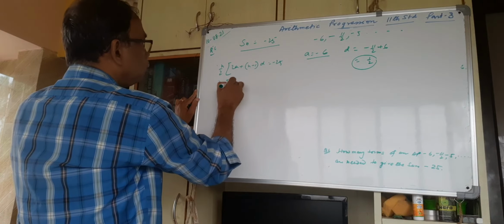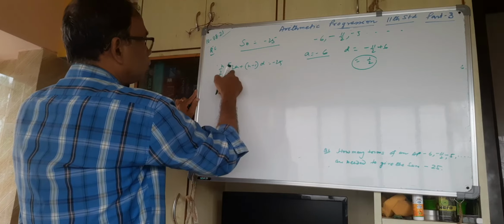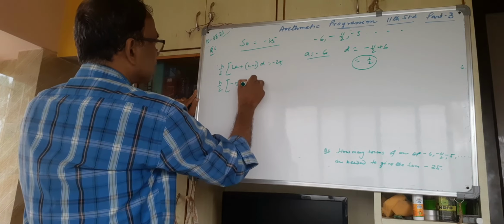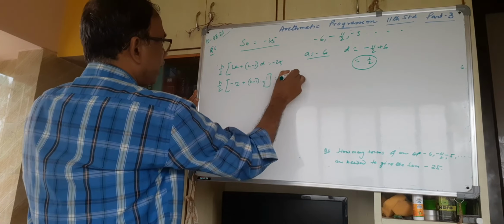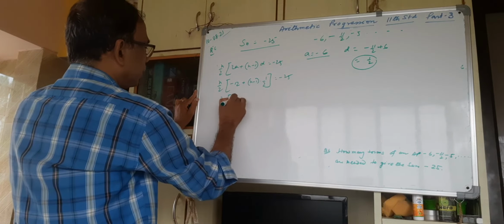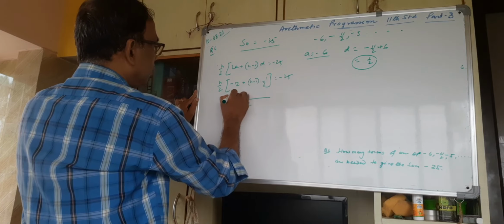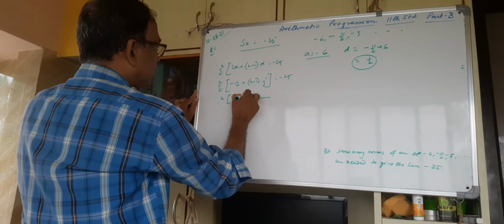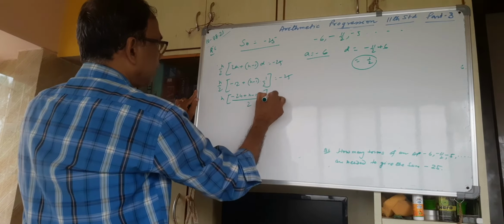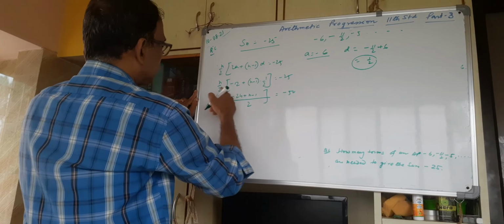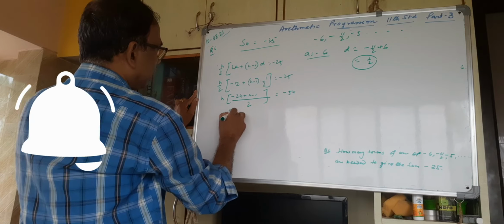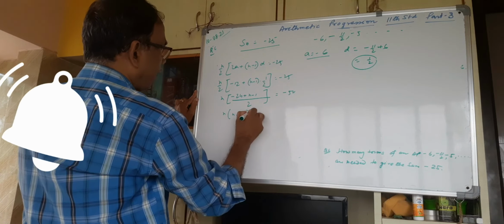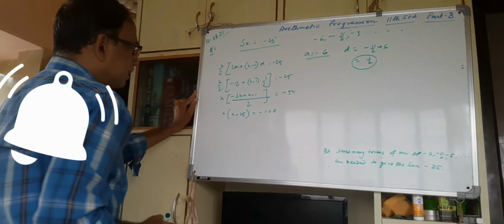N by 2 into (2 into minus 6 plus (n minus 1) into half) equals minus 25. Taking 2 from the LCM, n(minus 24 plus n minus 1) equals minus 100. That is n(n minus 25) equals minus 100.